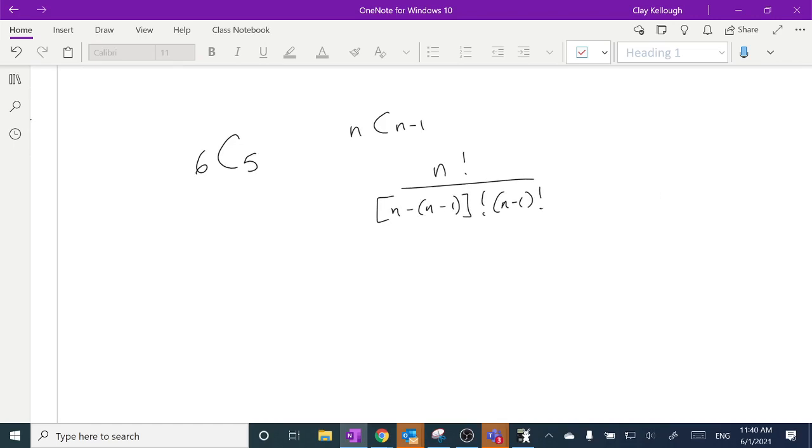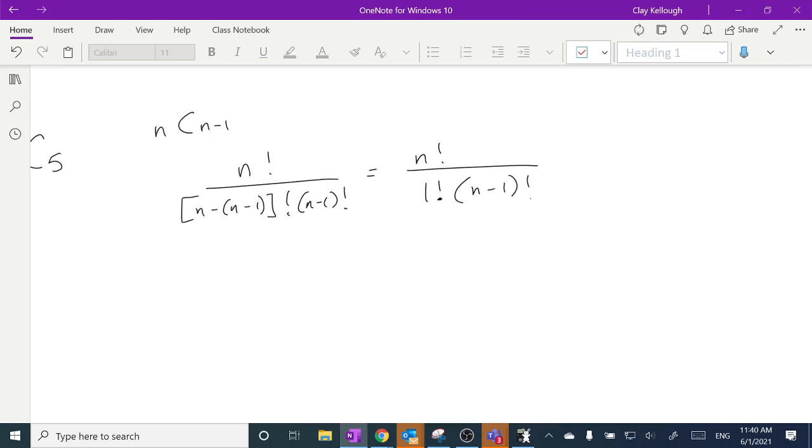Okay, look at how this is going to work. This is going to be n factorial over, this is n minus n, which is nothing, but then I'm minusing negative 1, so that's going to be positive 1 factorial. And then over here, I get n minus 1 factorial.